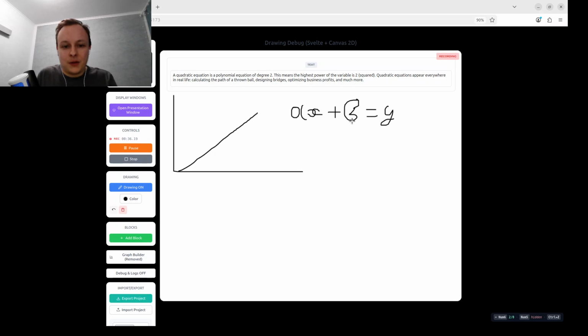And usually, as we know, the a here is the slope. It means how fast y changes depending on x. This is our slope, our a coefficient, and b is the intercept. Intercept means the point at which our equation intercepts y.